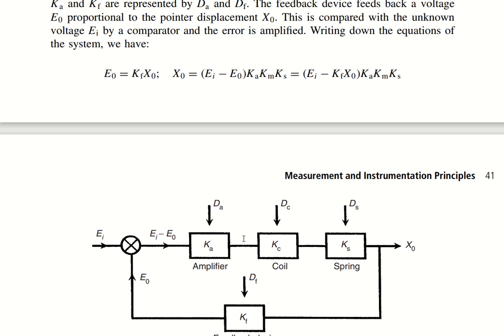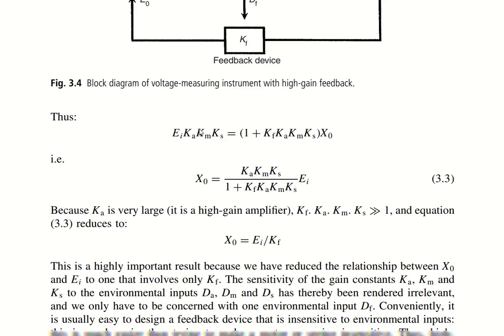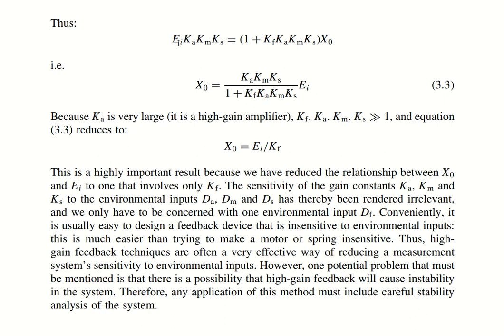So what are you doing? The error is getting amplified, as you can see here. Now what would you do? It would tell you ei K Km Ks will be equal to 1 plus K Kf Km Ks into x0, and based on that you would find the value of x0. Now because K is very large, because it is a high gain amplifier, the value of K Kf Km Ks, multiplication of all four of them, would be much greater than 1.